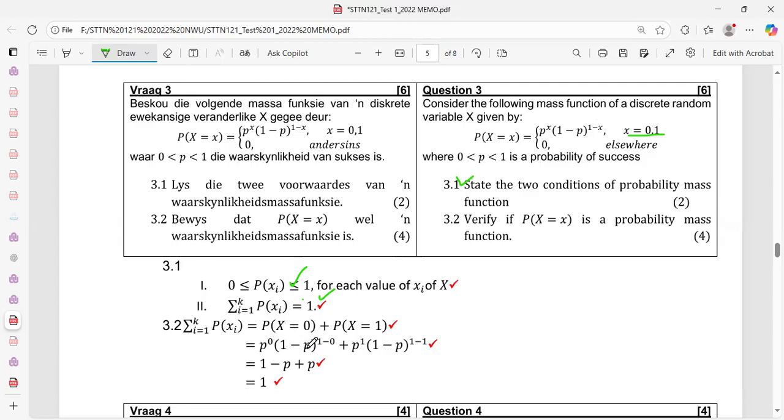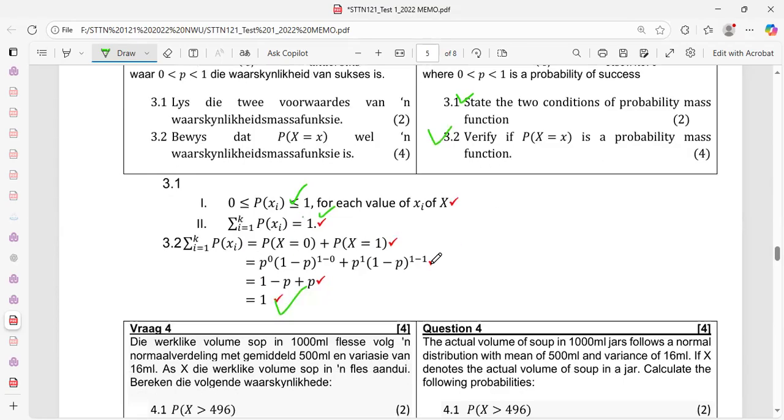So you're going to get 1 minus p, separate, plus, this one is out, it's 1, it's the same thing, plus p to the power 1. 1 minus p to the 0, it's out, 0. So that's the reason why you're left with p. So 1 minus p plus p, the p cancels out. Then you are left with 1. That's the reason why you got 1 there for 3.2 to verify.